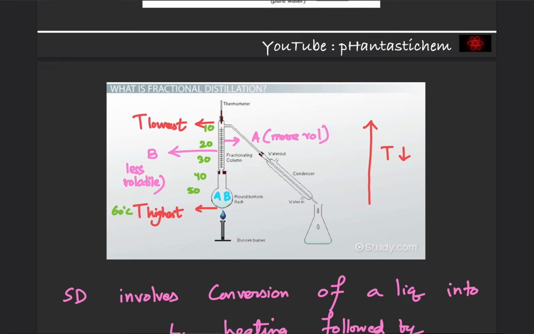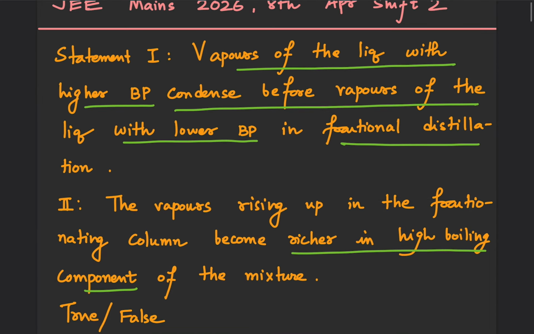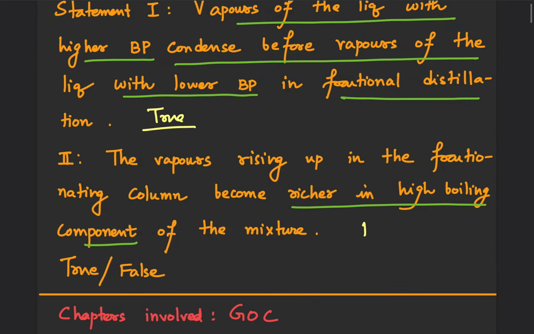So the vapors rising up are of A, which is more volatile, or having low boiling point, and therefore statement 1 is true, statement 2 is false. Okay, thank you.